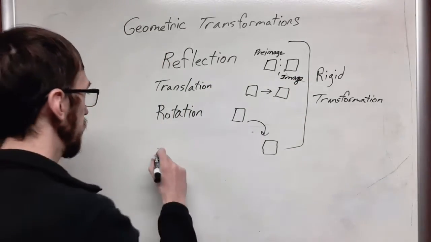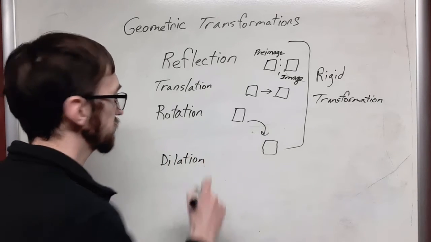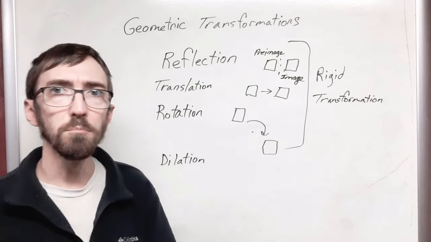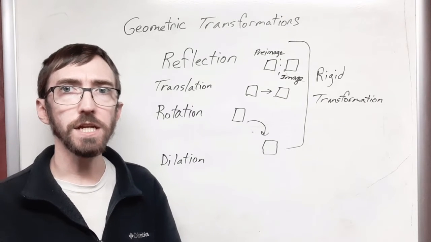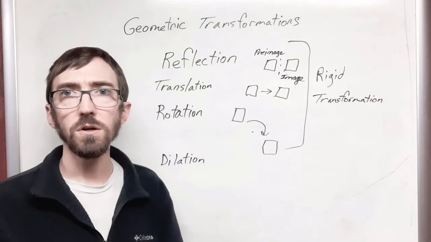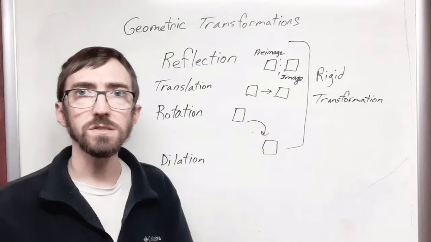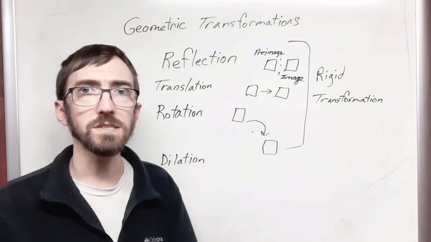The last one, the dilation. This one's a transformation also, but it causes a change in the object. The side lengths are going to either increase or decrease, so it expands or contracts.